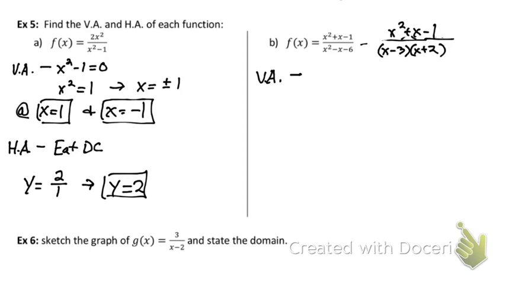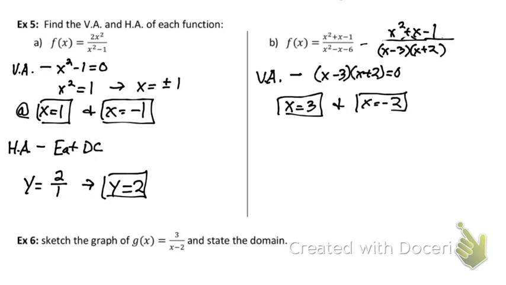We'll check for our vertical asymptote. We're going to set our denominator equal to 0, so x minus 3 times x plus 2 equals 0. We have 2 vertical asymptotes, one at x equals 3 and one at x equals negative 2. Horizontal asymptote: our exponents are the same. It's x squared and x squared. So once again, it's EATS DC.